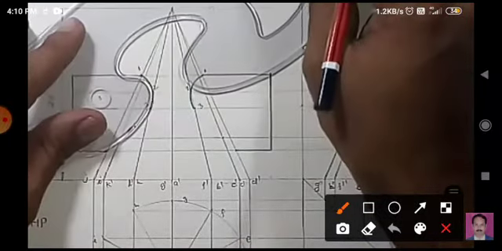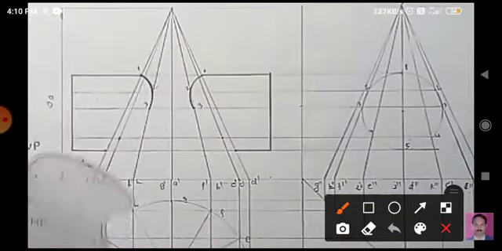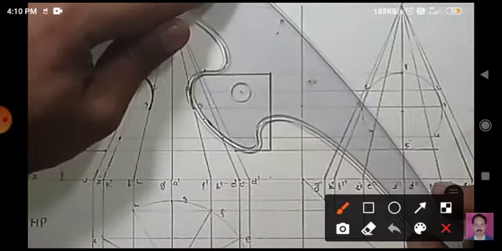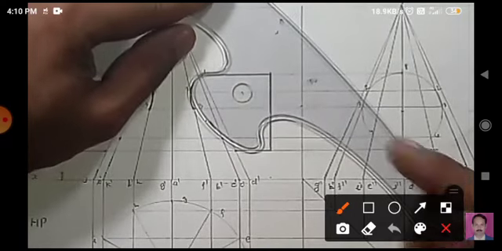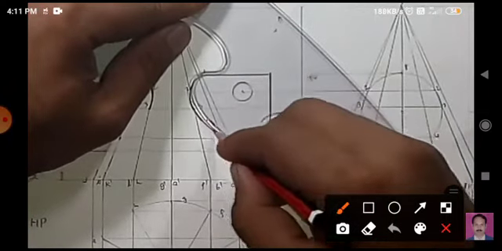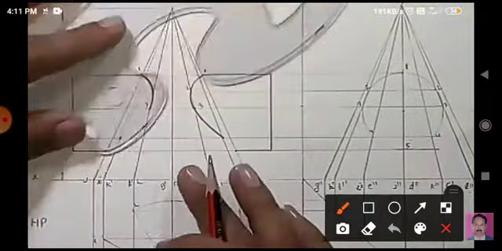The part you are using for drawing the left part, use the same part for drawing the right part also. Don't try to draw freehand. Okay, use the French curve.